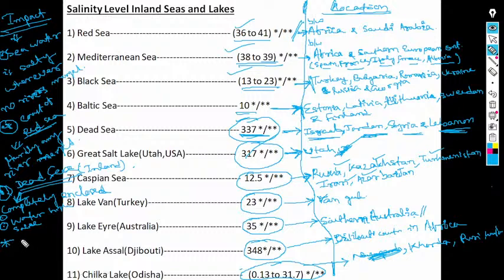Then it is the Great Salt Lake, that is 317. This is 317% around.